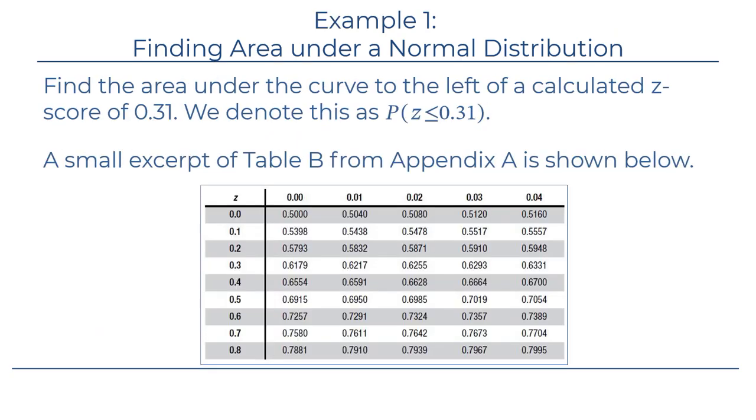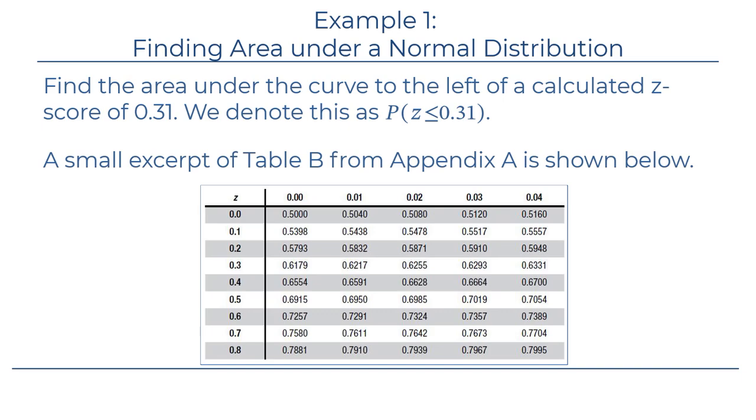Let's begin by finding the area under the curve to the left of a calculated z-score of 0.31. That is denoted as P, or the probability that z is less than or equal to 0.31. So again, we're looking to the left. Let's take a look at Table B from Appendix A, which is part of the standard normal distribution table.